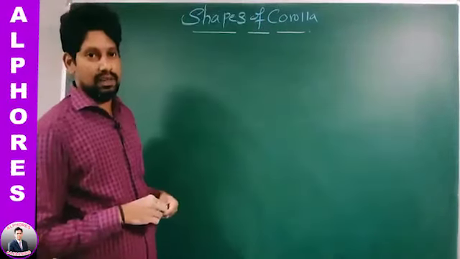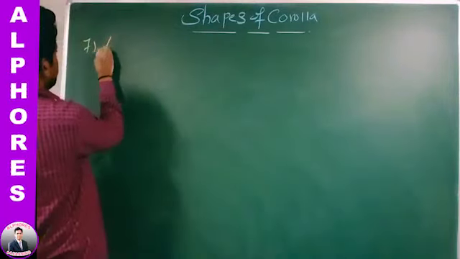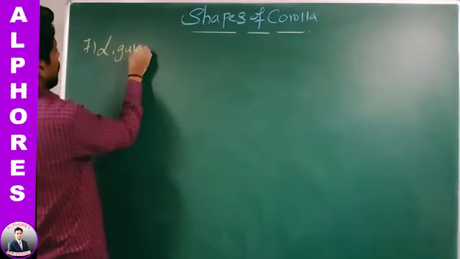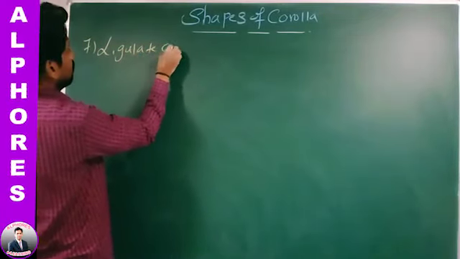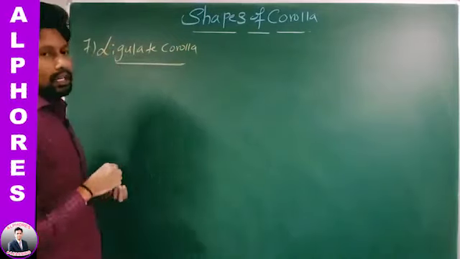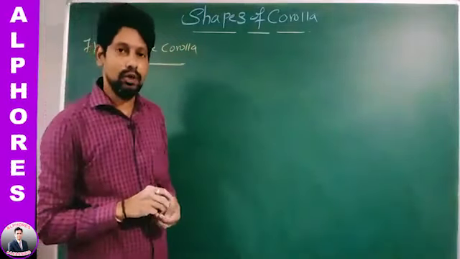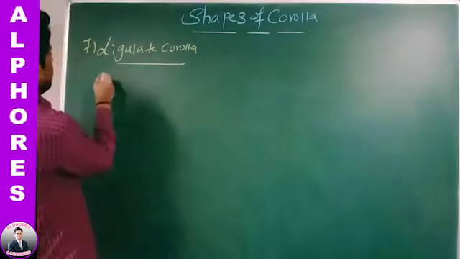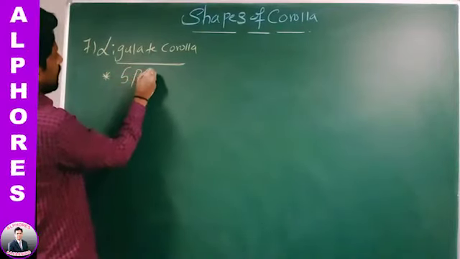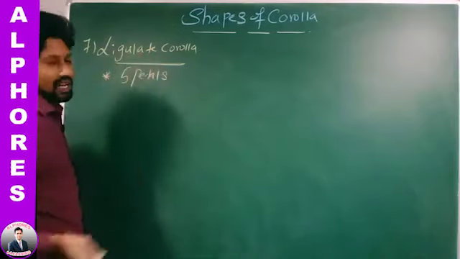For number 7, ligulate corolla. Ligule means tongue. Now listen here. Here also 5 petals are present.